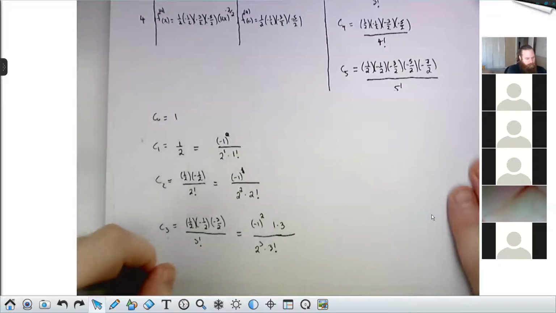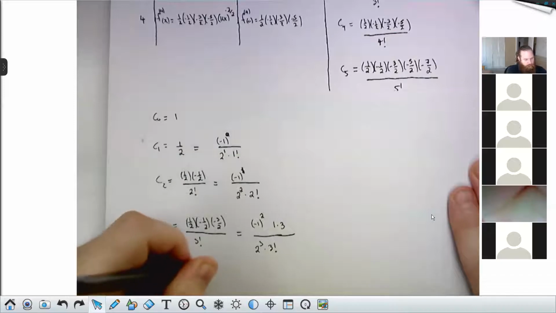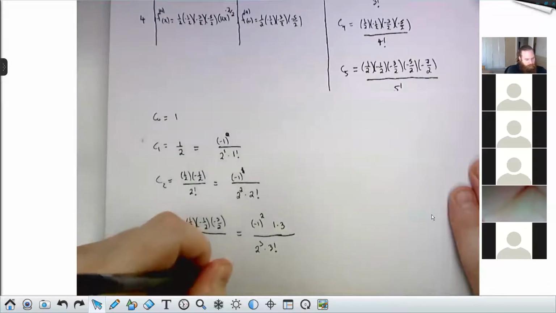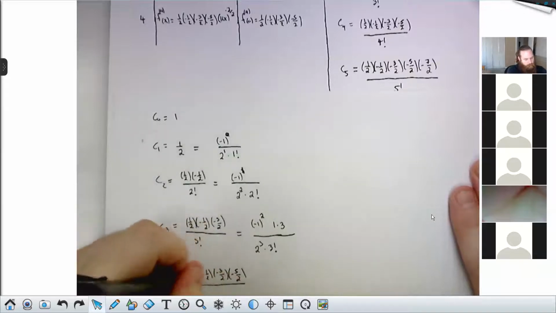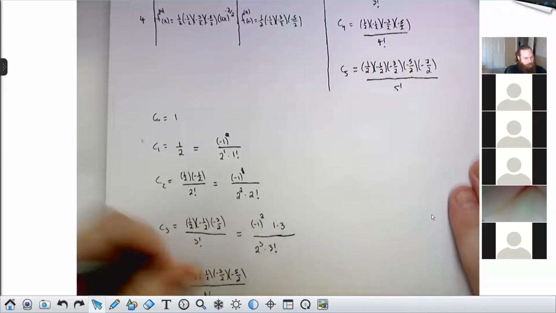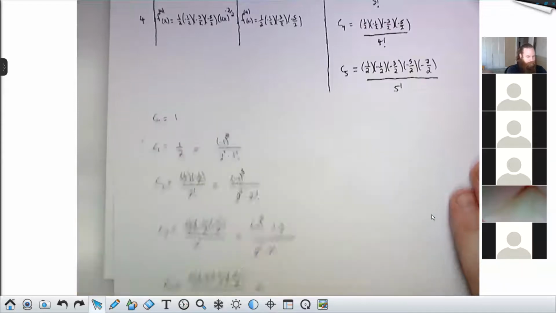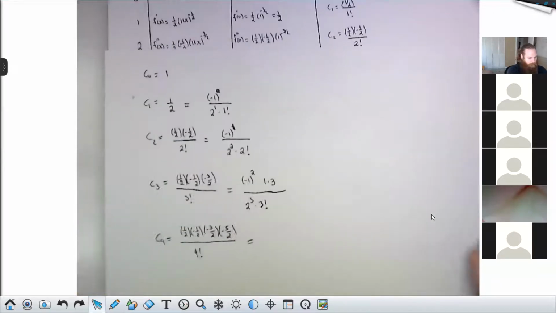The next guy, C4, first I'll write it as we had it written here, was 1/2 times negative 1/2 times negative 3/2 times negative 5/2 all over 4 factorial. What sort of terms do I have showing up here?